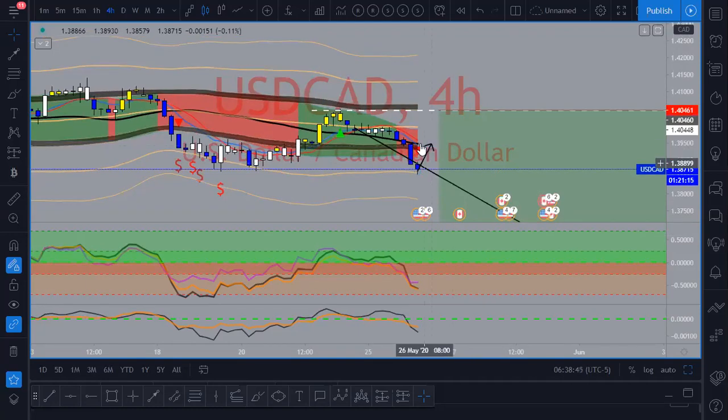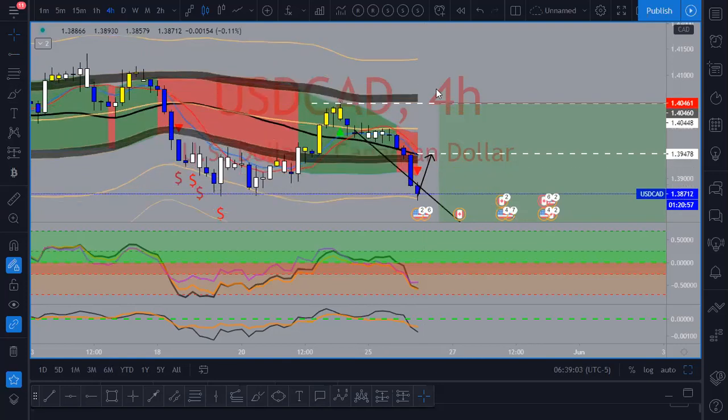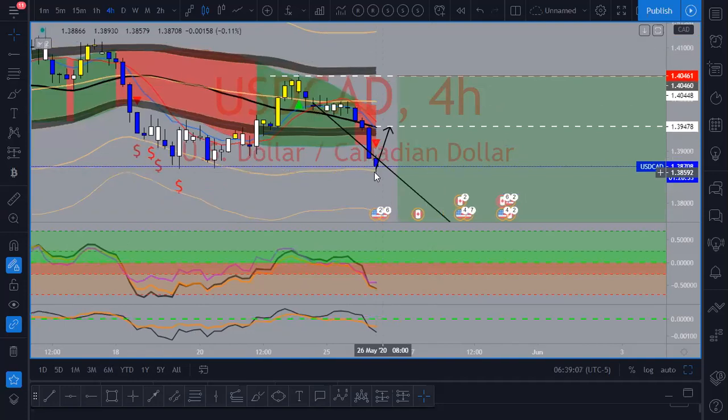So yeah, what I would want to see is price come back to 1.39460. It probably won't happen. But if it does, that's what I'm prepared for. And then I want to see it drop from here. But other than that, on USD CAD, I'm not looking to get into the sell, because you don't want to get into a sell down here and then price just retraces on you, because that's most likely what's going to happen.